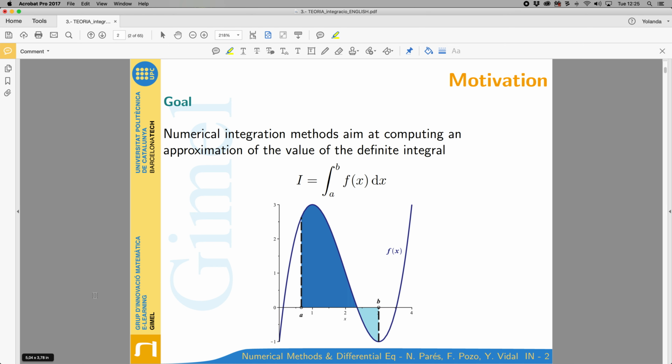What is our goal? First, we want to compute the integral of a function f of x in a definite interval a, b. And because of different reasons we will see in a few seconds, I cannot compute this analytically, so I need to do this from a numerical approach using numerical integration.